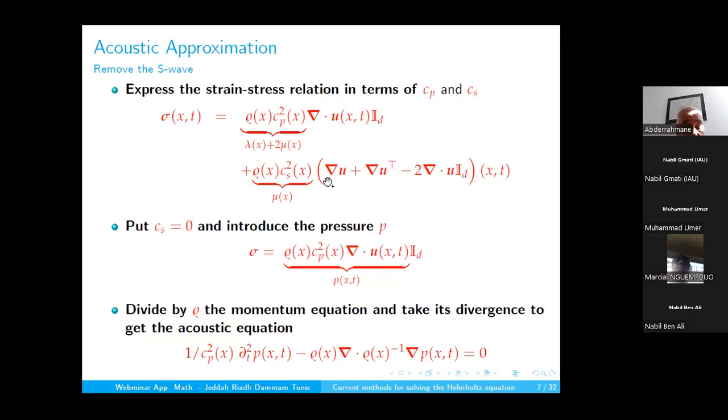And so it is quite natural to describe the stresses by only a pressure, since the stresses are only compressional. And dividing by rho, you get that the pressure satisfies a wave equation with varying coefficient here.